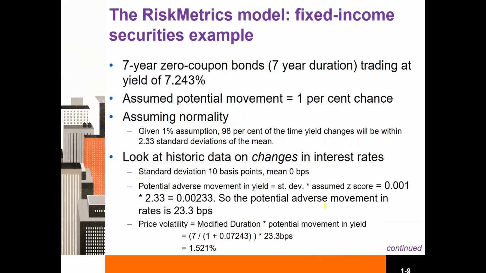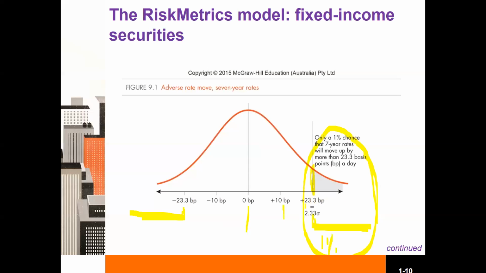Suppose that during the last year, the mean change in the yield on the 7-year zero coupon bond was 0%, as I just mentioned, while the standard deviation was 10 basis points. So 2.33 sigma, or 23.3 basis points, is the level beyond which there is a chance its yield will be greater.